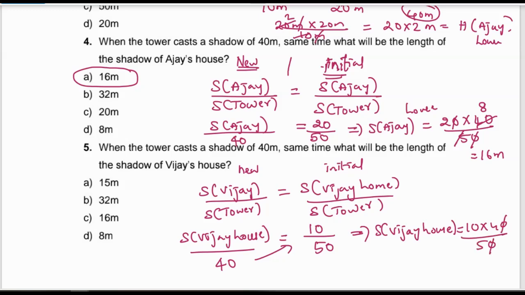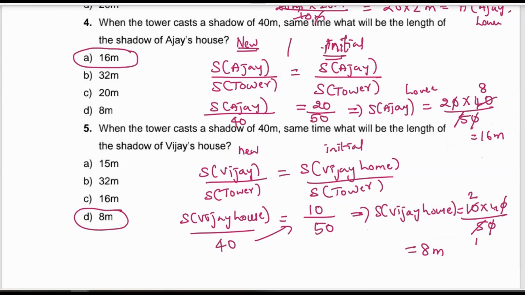So 0 and 0 cancel, 5 one times, 5 two times. So it will be 2 into 4, 2 fours are 8 meters. So here the shadow cast by Vijay house was 8 meters. So this is the case study one which we related to similar triangles.